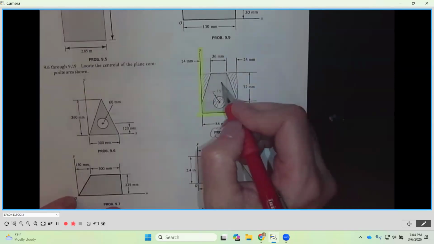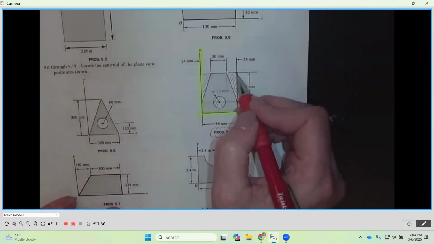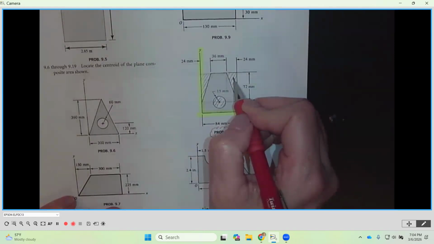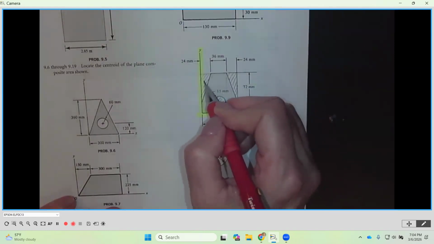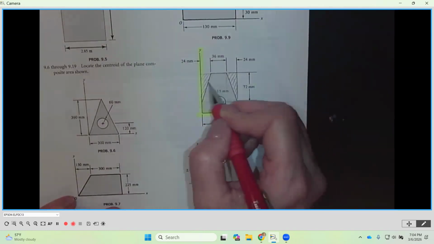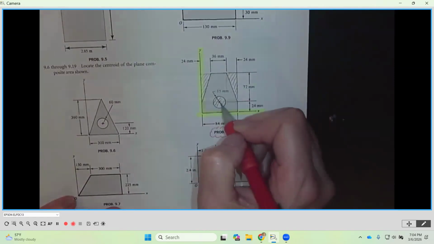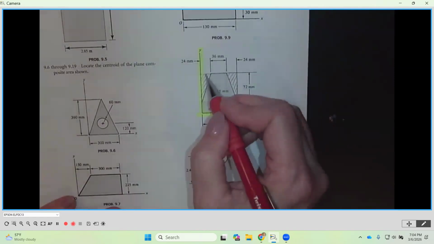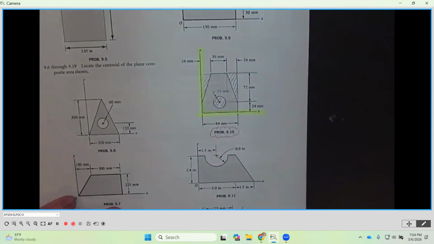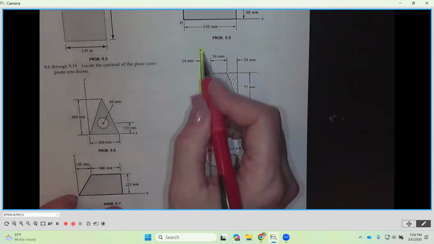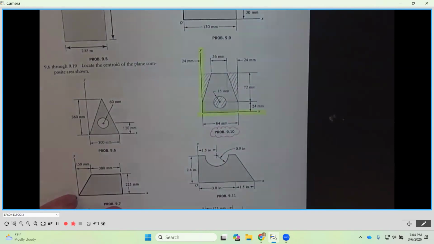In that case, you would have one rectangle minus the triangle, minus the triangle, so this would be a 2 and a 3, and then minus the hole would be a 4. So however you go about it, just make sure that you appropriately identify your simple shapes in relationship to your X and Y axis.